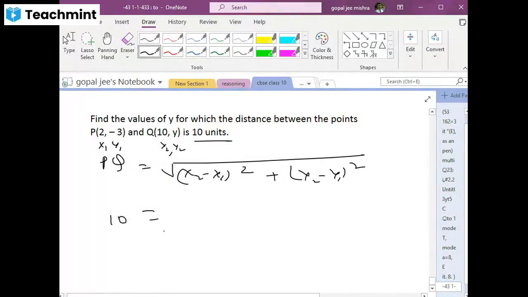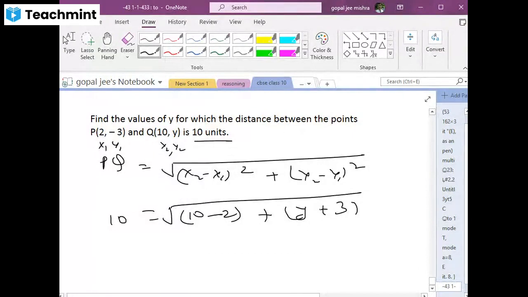Here it is given. Now you can put the values of x2 minus x1. Very clearly, beta, we have the value of x2 that is equal to 10. X1 you are having that is 2, plus y2 minus y1. So y2 I don't know, that is y, and y1 I know, that is minus 3. And you know minus into minus will become plus. That is why I have written here plus 3. Okay, beta. Now I think you are able to solve that. Just to remove that square root, you have to square both sides.